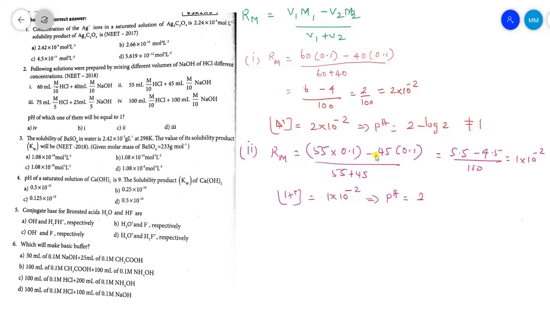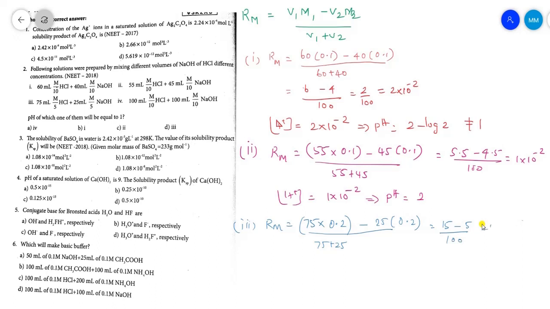Okay. Third case. In the third case, given that 75 ml. So, resulting molarity is equal to 75 into M by 5. M by 5, it is 1 by 5. The value is 0.2. Minus 25 into 0.2 divided by 75 plus 25. 75 into 0.2, this is equal to 15, minus 25 into 0.2, it is 5, divided by 100.